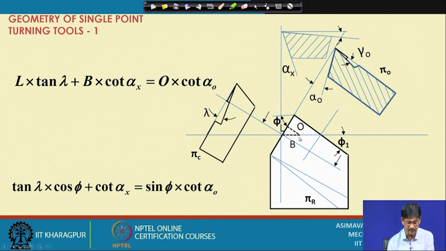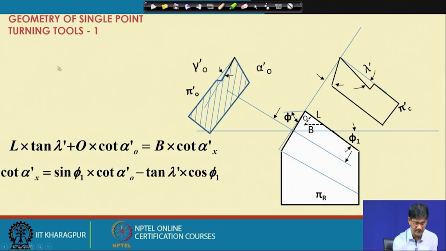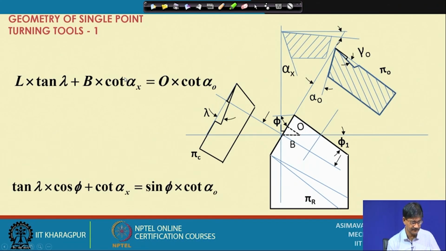Now that you have got the hang of it, you can move very fast. So, it must be L tan lambda. We have to be alert about this. This is tan, while this is cot. So, L tan lambda plus b, as we are moving in the clearance surface now, b cot alpha x must be equal to b cot alpha O in this plane here.